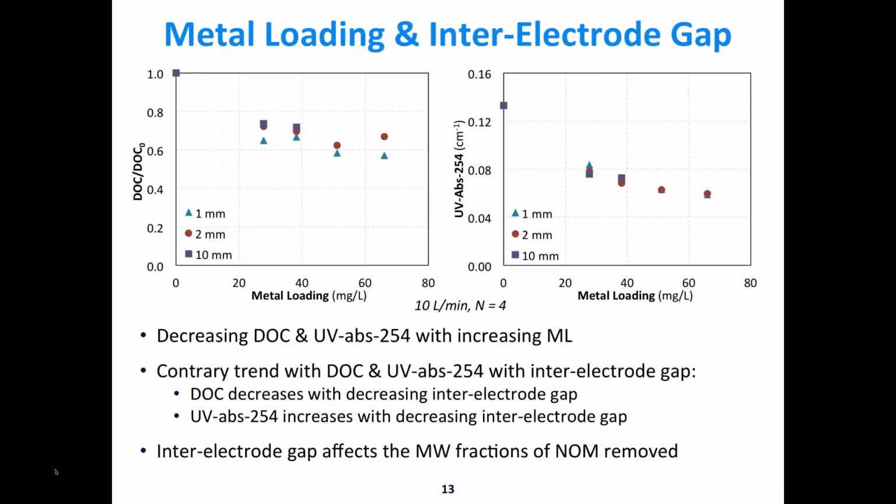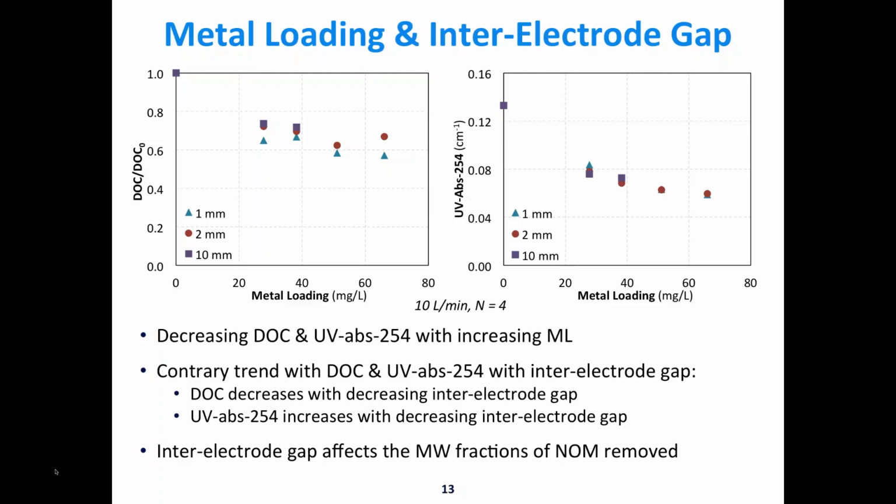When looking at metal loading and inter-electrode gap, again, as metal loading increased, we saw continued decreases in DOC and UV absorbance. But when comparing inter-electrode gaps, we noticed that DOC decreased with decreasing inter-electrode gap, and the opposite phenomenon was happening with UV absorbance at 254 nanometers.